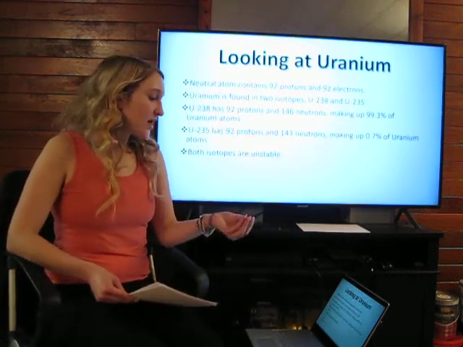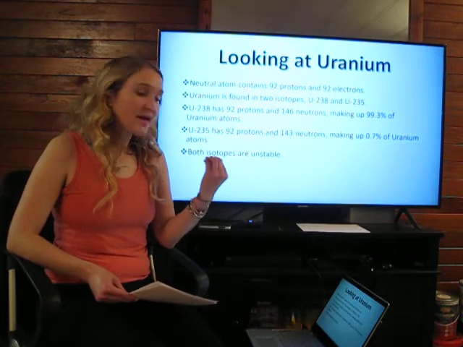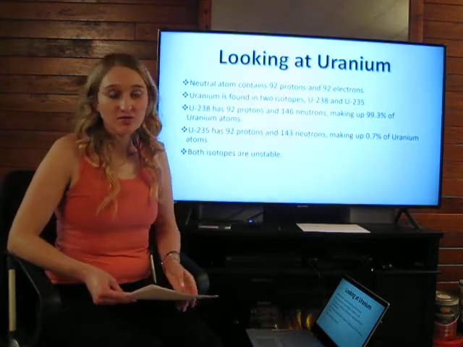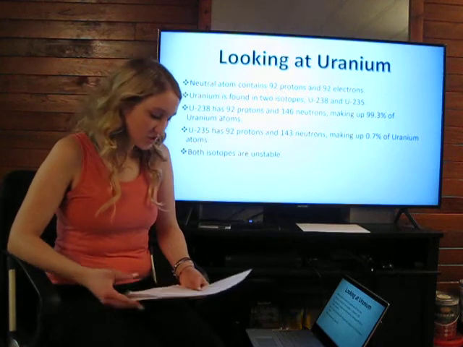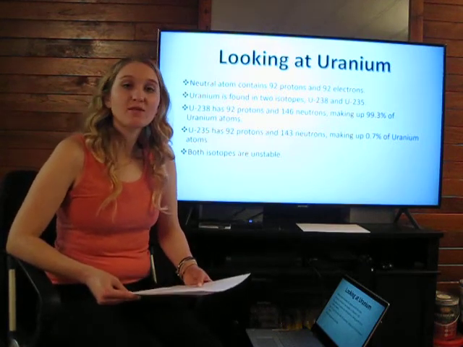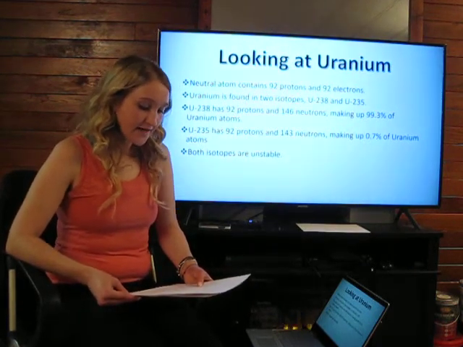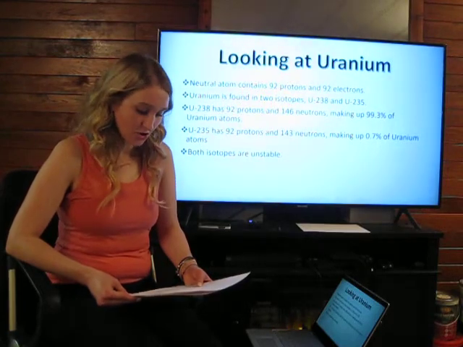So now we're going to look at uranium, because uranium is what specifically undergoes fission in a lot of reactors. If a uranium atom is neutral, it contains 92 protons and 92 electrons.